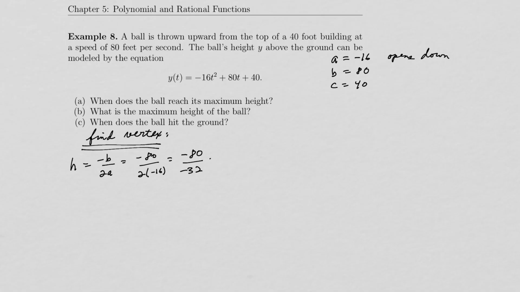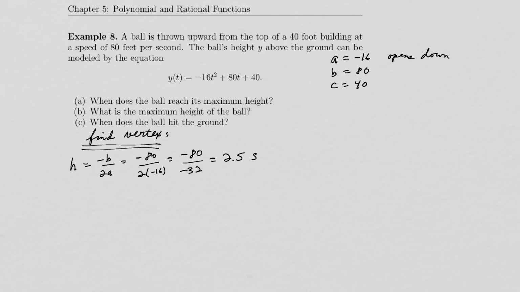I'll just write it as a decimal. So positive 2.5. And remember, the h is the x component, but in this case, our x variable is named t, right? It's the time. So really, this is 2.5 seconds. It's going to be the time when the ball reaches the highest point.